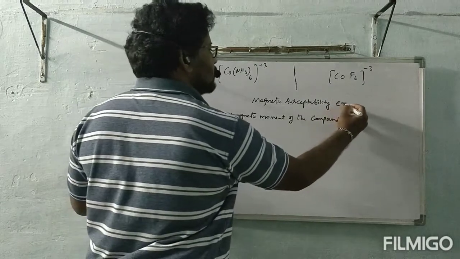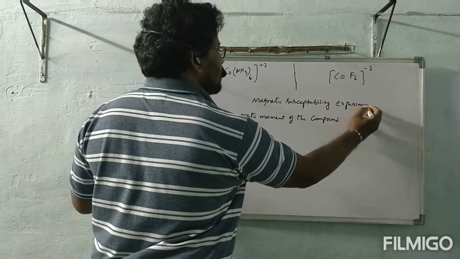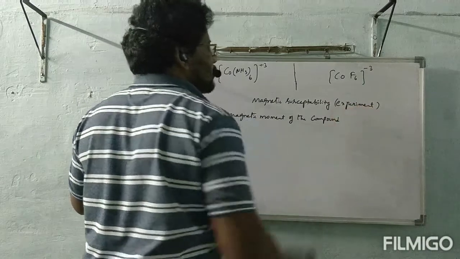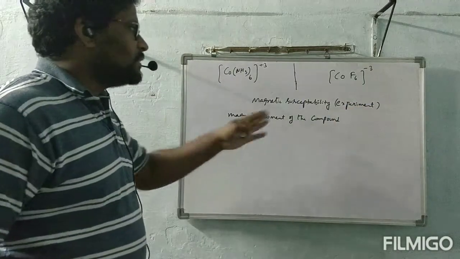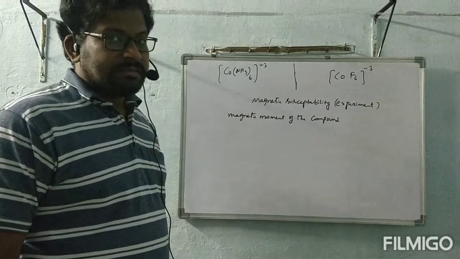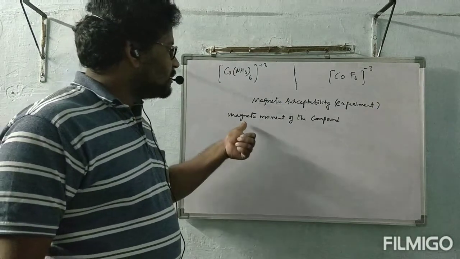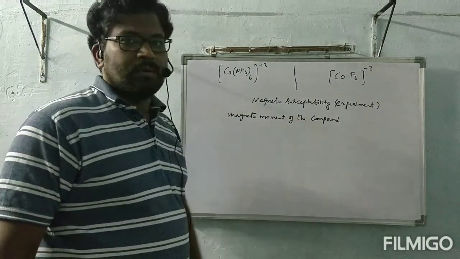This is the experiment: the magnetic susceptibility experiment. By using that experiment, directly we can find the magnetic moment of the compound.